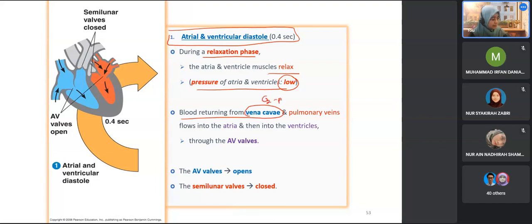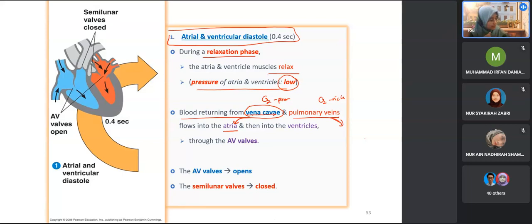and also blood from the pulmonary vein, which carries oxygen rich blood, to be able to enter into the atria. Okay, so from vena cava into the right atrium, from pulmonary veins into the left atrium.